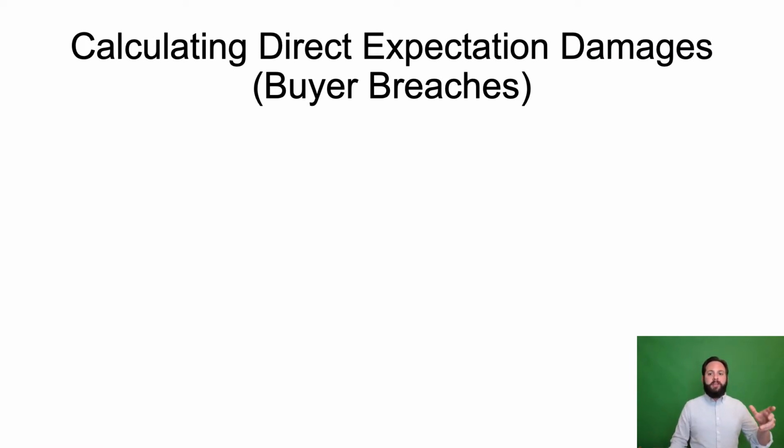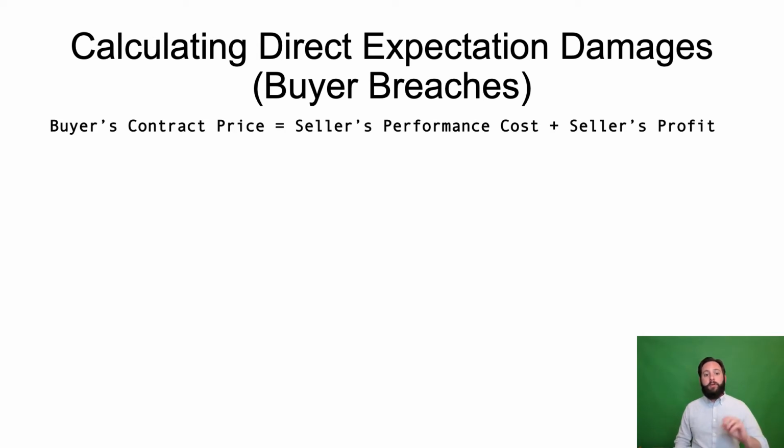To understand the concept of how a court should look at direct expectation damages, through the loss in value or diminution in value method, let's look at a simple formula that describes the value of a contract from the perspective of a seller who is suing because a buyer breached its agreement to buy some good or some service from the seller.